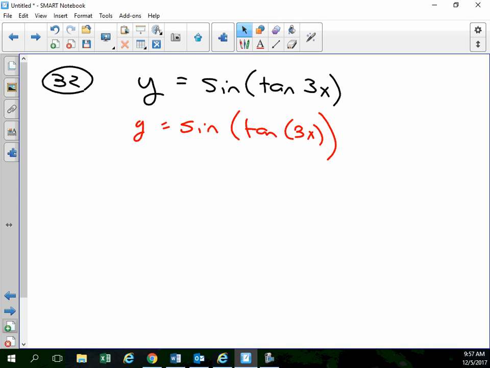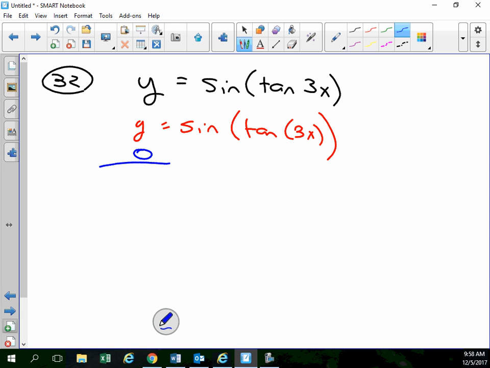It has to be sine of something: sine of x, or sine of pi, or sine of 3 pi over 2, or sine of 3x. If it's not, it's just sin. Just make sure you recognize the difference. I did this so that you would recognize that I am talking about 3x, not just x.